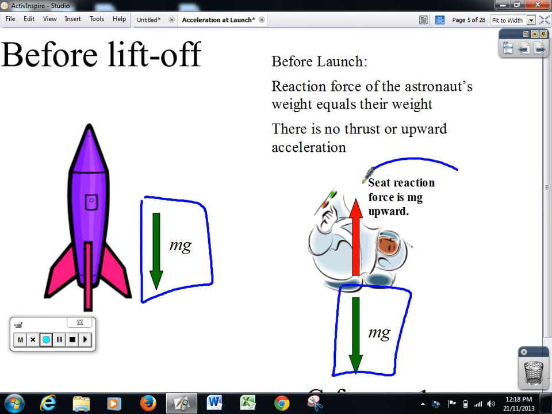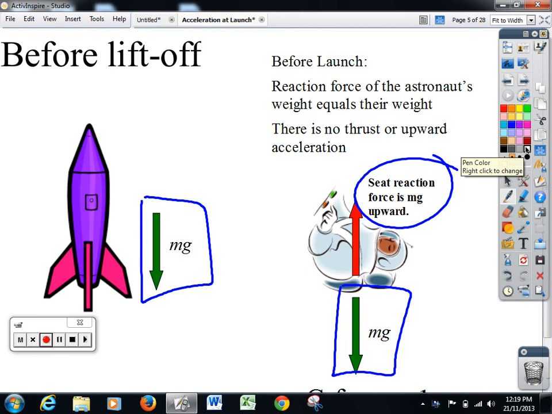But the seat, because this person is strapped into a seat in the top of the cockpit up here, lying on their back, they are being pushed up by that seat at a single value of mg, because it's equal and opposite, and that would mean that they have a value of plus 1g, plus being forward, pushing that way. Okay? So they feel 1g. In other words, they feel their normal weight. 1g is they're feeling their normal weight as if nothing is happening, because they're not accelerating.